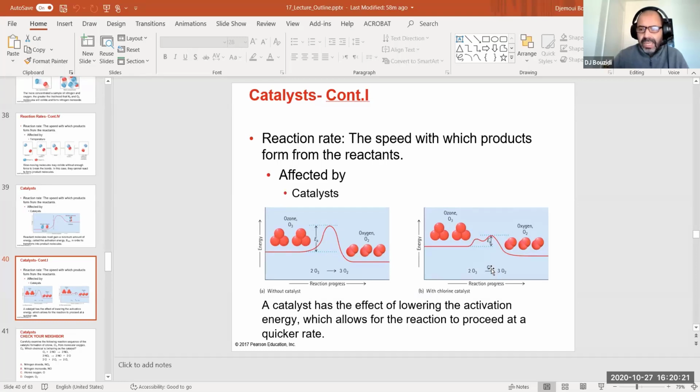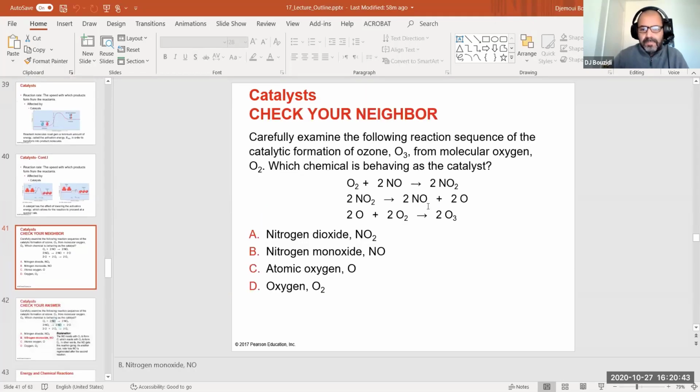So the chlorine in this case actually will react first with the ozone to form the first intermediate of a reaction, and then it's going to react with the ozone again to release the oxygen. So at the end, it's going to be free. It starts free and ends up being free in this chemical reaction.